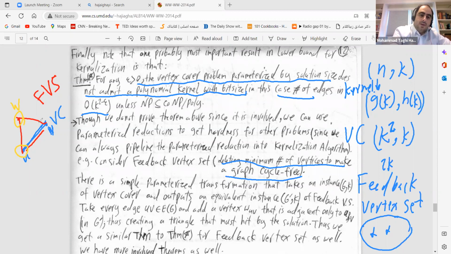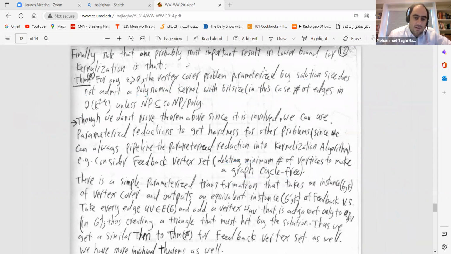So we know that for feedback vertex set, because of this simple reduction that I have mentioned, you also cannot get any kernel of size better than k squared. Good. So you can do this kind of reduction to get kernel hardness as well.